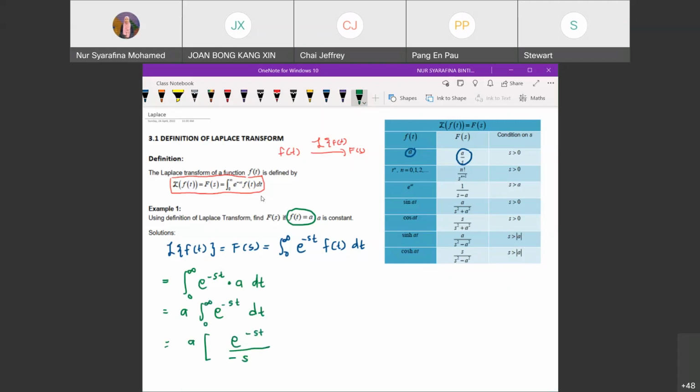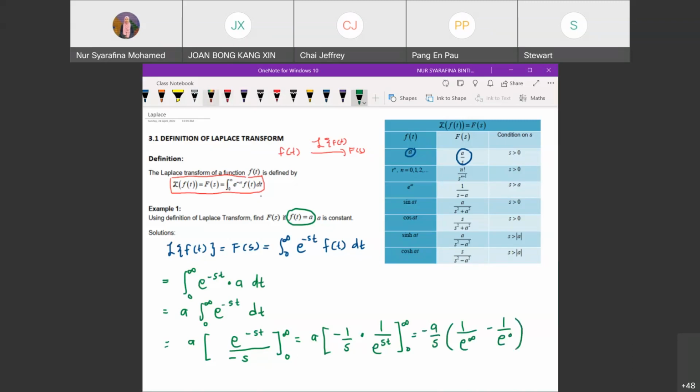Then integrating from 0 to infinity will give you minus a over s, 1 over e to the st. So minus a over s times 1 over e to the power of infinity minus e to the power of 0.